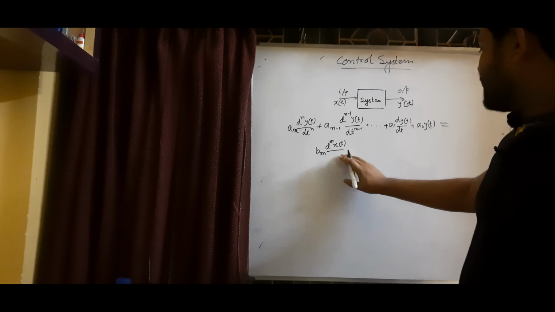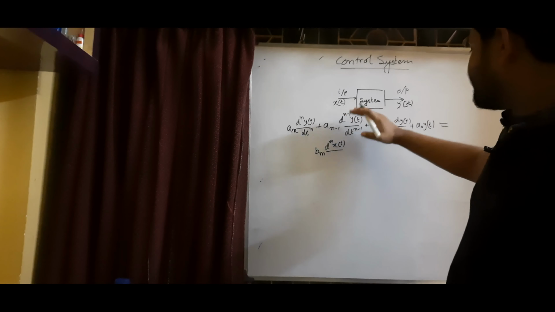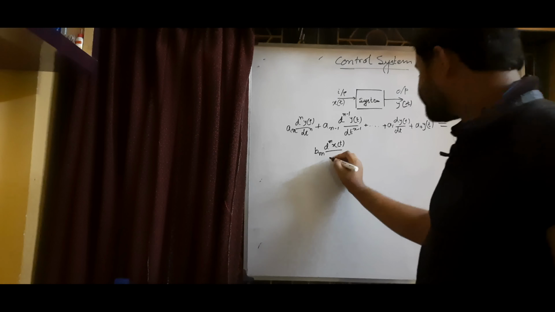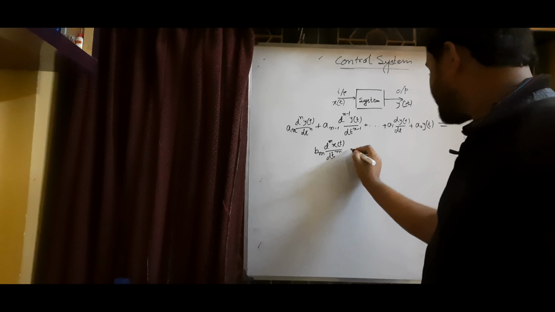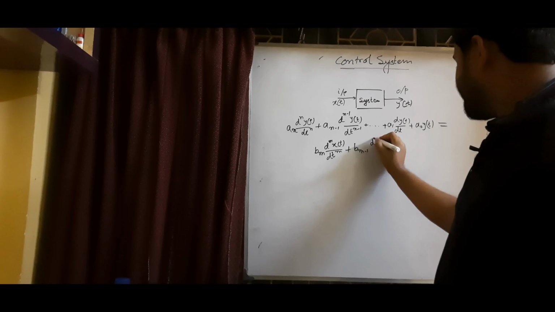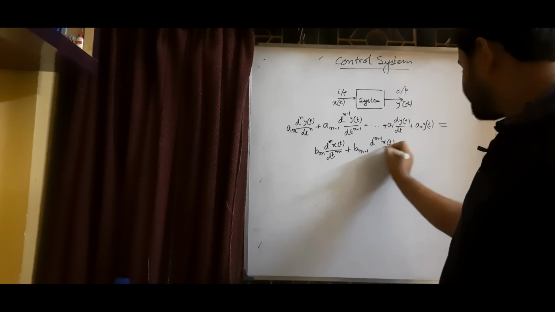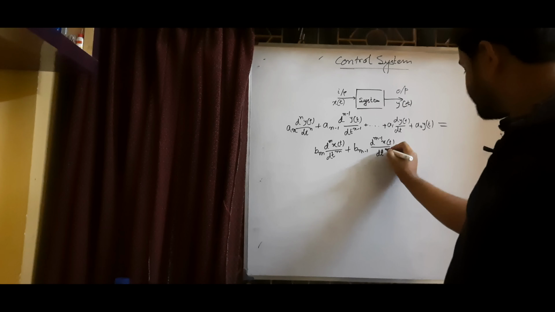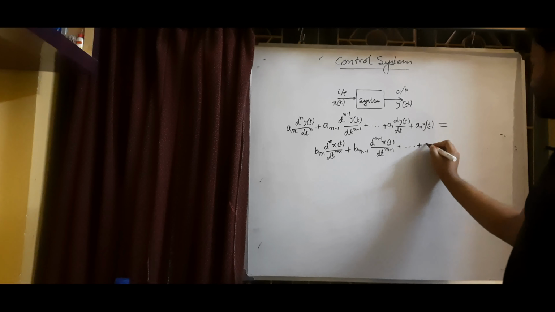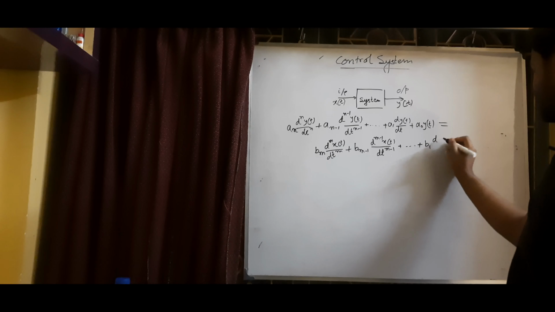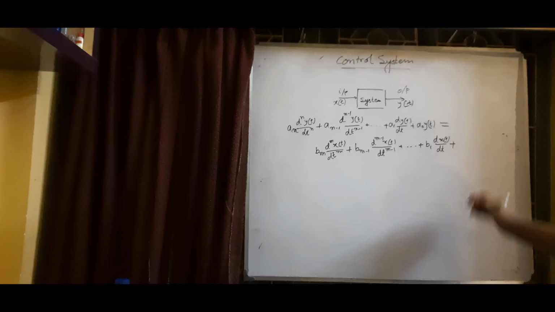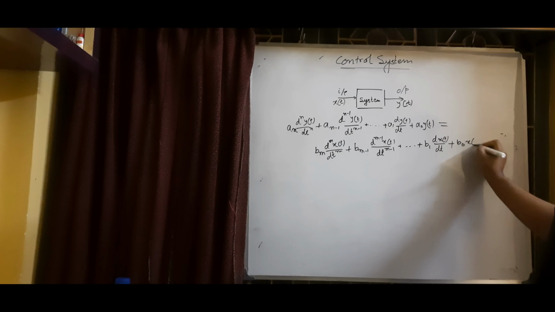Here I am equating the output side expression to the input side expression. Then b_(m-1) into (m-1)th derivative of x(t). Similarly up to b_1 dx(t)/dt plus b_0 x(t).